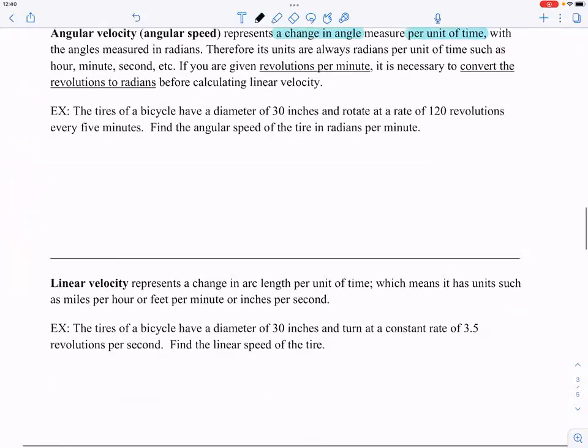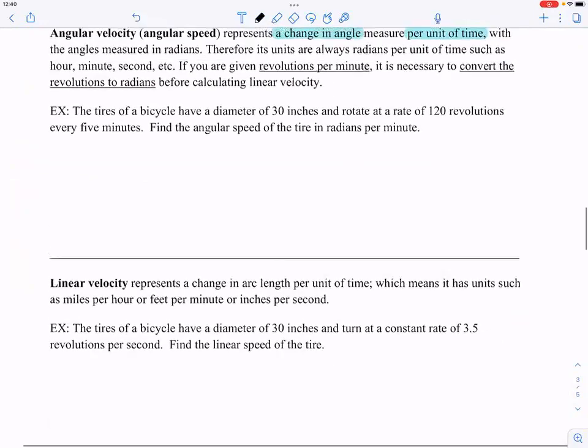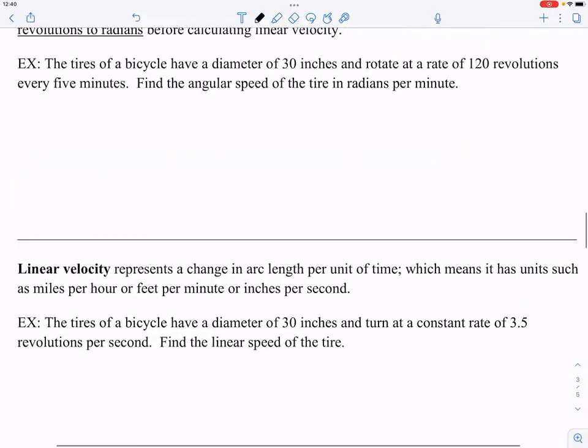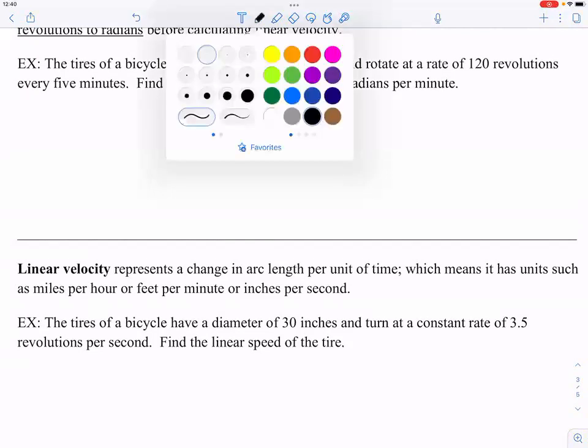So let's look at the following 3 examples. All right, now first, it says the tires of a bicycle have a diameter of 30 inches. And I will stop right here. Whenever you see the word diameter, you should stop and write down the radius.